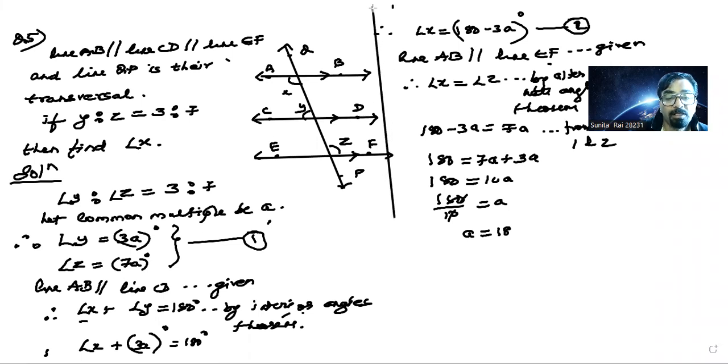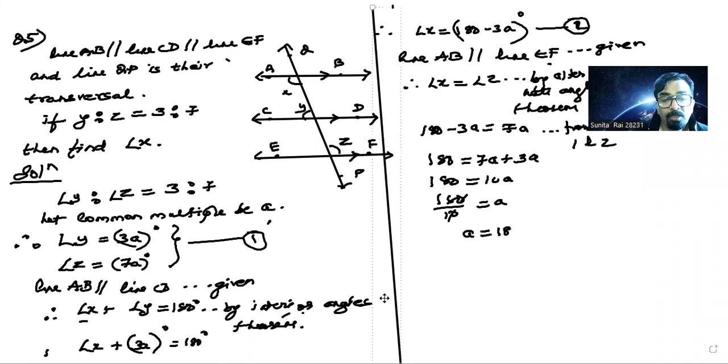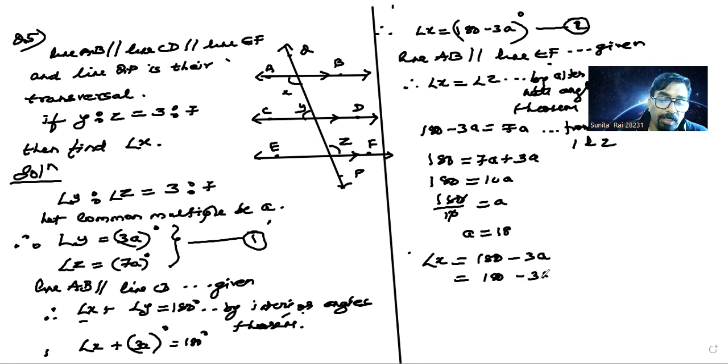It doesn't matter, children, now I can find the value of angle x. Angle x is equal to 180 minus 3a, which is 180 minus 3 into 18, 180 minus 54, which is 126.